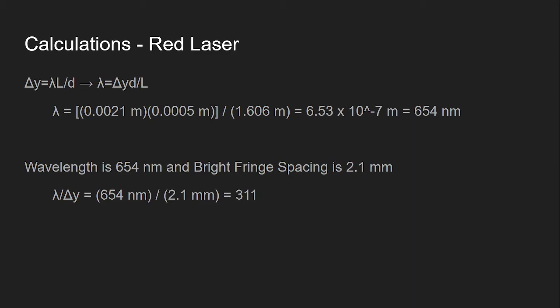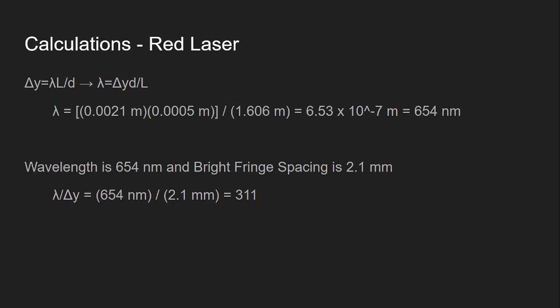So we did calculate low on both of our lights, but like I said, we still got the same wavelength through our trials. So there's a source of error there that we haven't identified that we would probably like to fix if we were to continue working on this project, lowering that percent error.